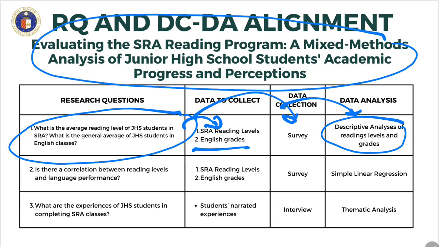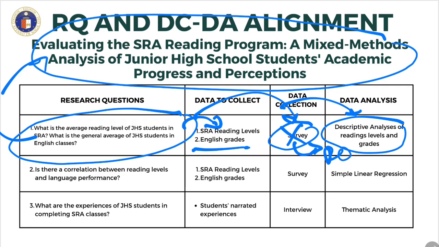Say for example, the panelists may want to clarify, so is this only through a survey, or do you mean you will collect data from, say, certain offices like the registrar's office? Okay, and they may also comment on the title that you have.